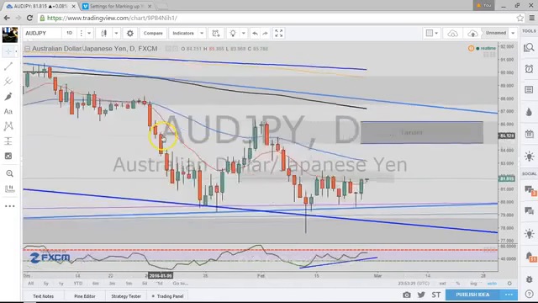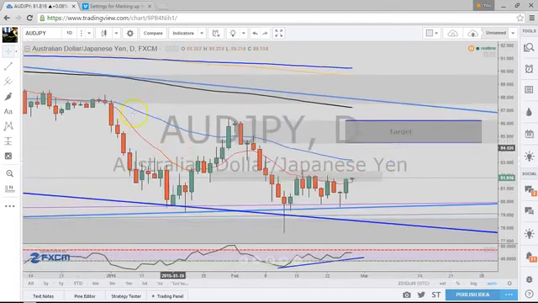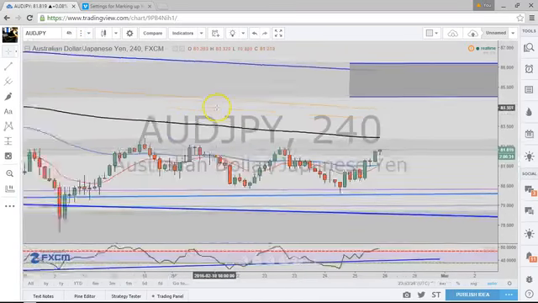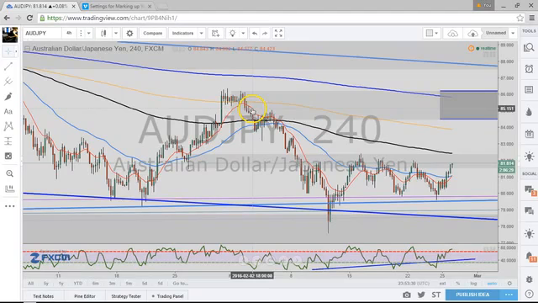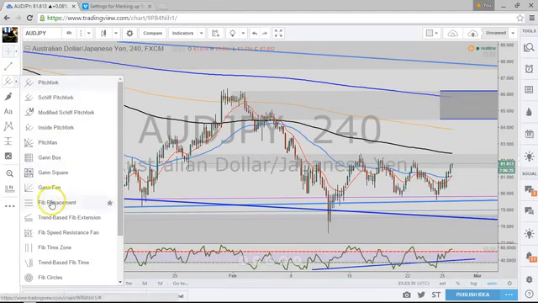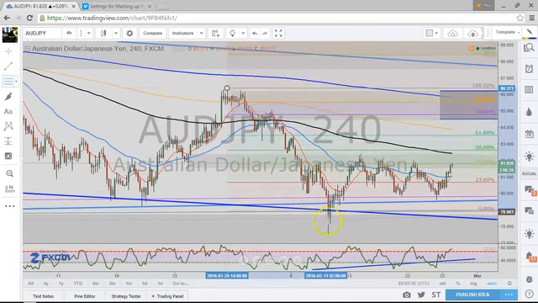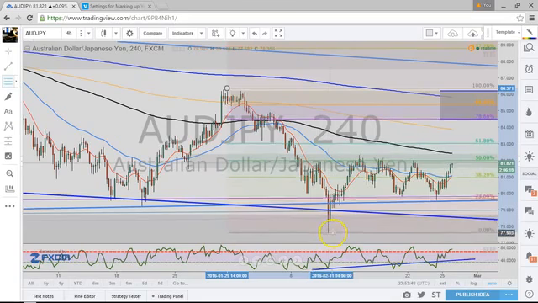Let me go on the 4 hour actually and draw some fibs real quick. I'm going to show you something real quick. It's pretty cool. We draw a fib from high to low, right? It was a downtrend. Let's try to get it perfect.